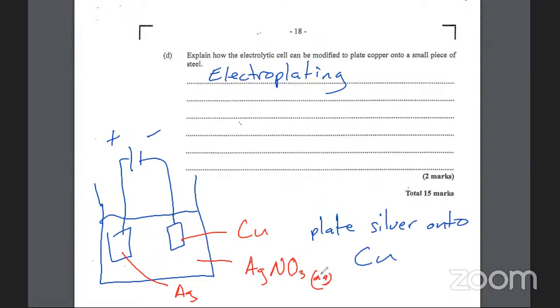So in electroplating, whatever you are using to coat the other metal, you put at the anode.